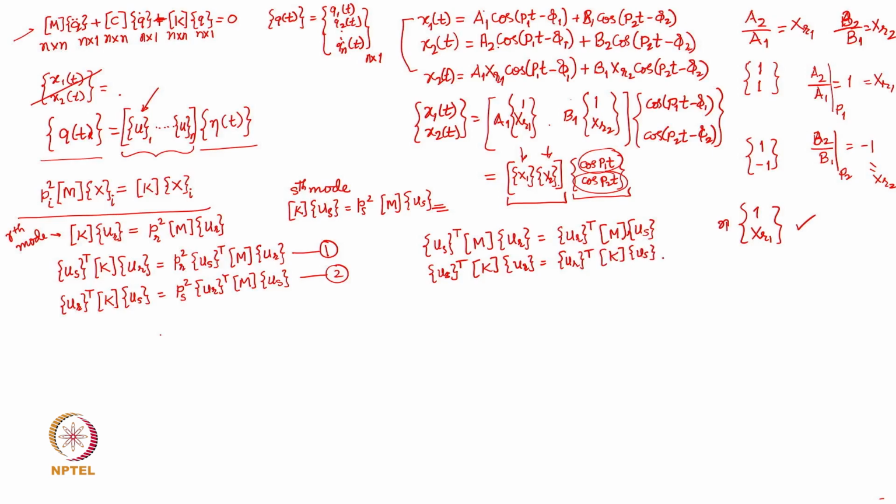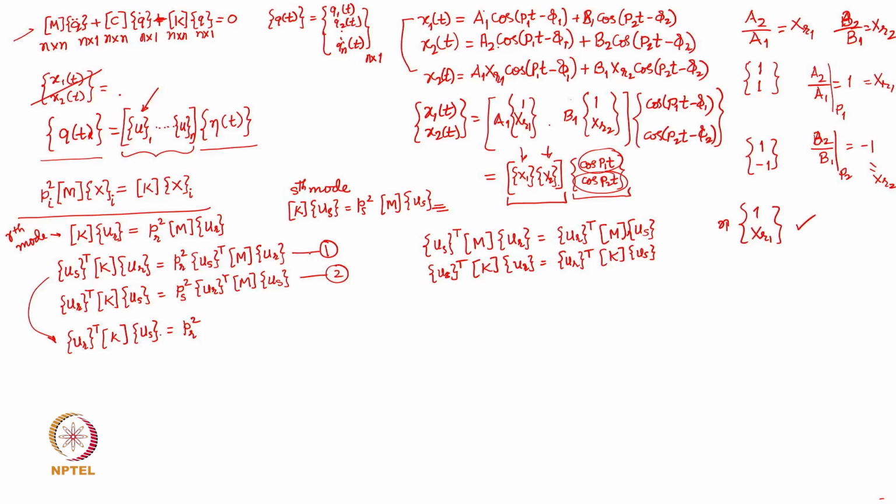Okay. Now, we make use of this in rewriting these two equations. I am going to write this equation as UR transpose K US is equal to PR square.